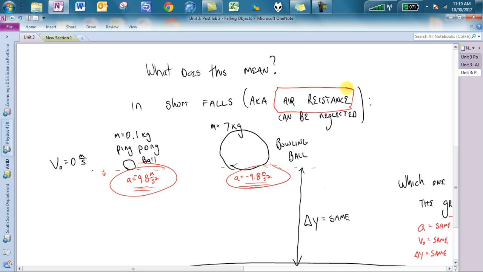And we'll talk about cases where air resistance can be thought of. That's usually a windy day or when the air molecules are hitting the object a lot more. But for our instances here, we are going to assume air resistance can be neglected. I will tell you in the problem that as well.